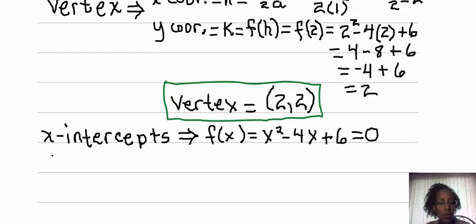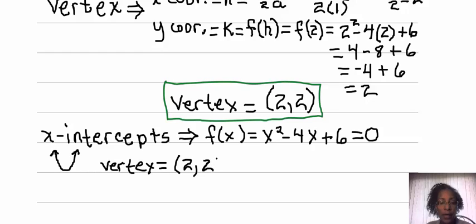And we know that our parabola opens upward. We know our vertex is the point (2, 2). What we find by looking at the y-coordinate of the vertex is that the parabola always lies above the x-axis.